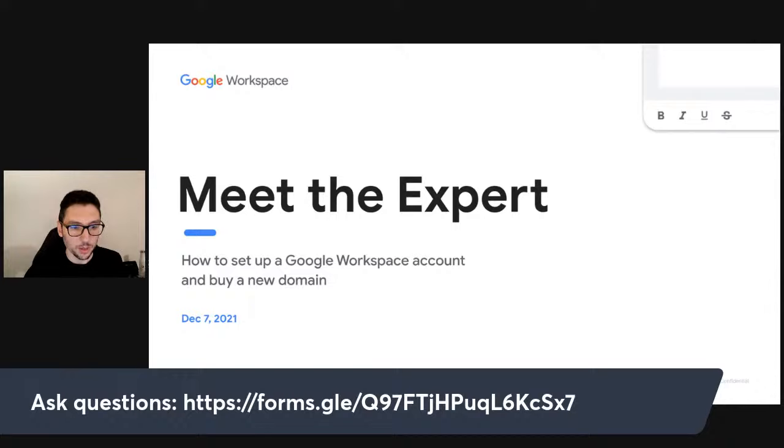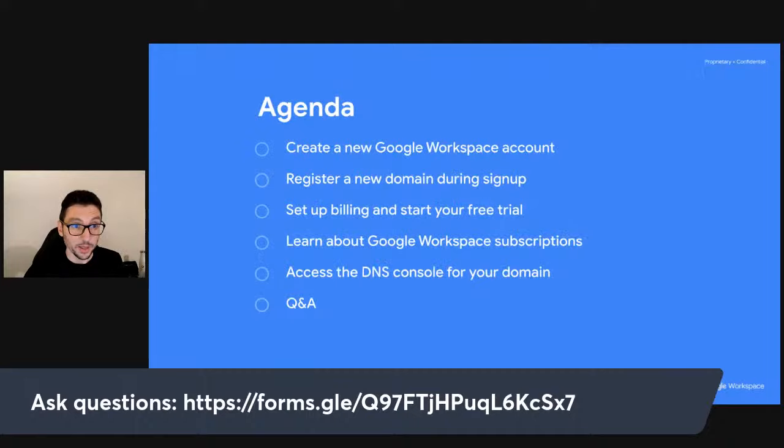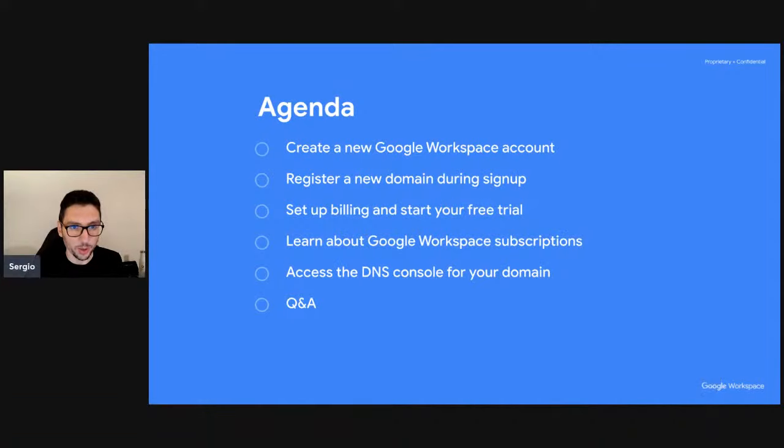Now, let's look at our agenda. We'll create a new Google Workspace account, going through the full sign-up process, and in particular, we are going to purchase a new domain name during the sign-up.